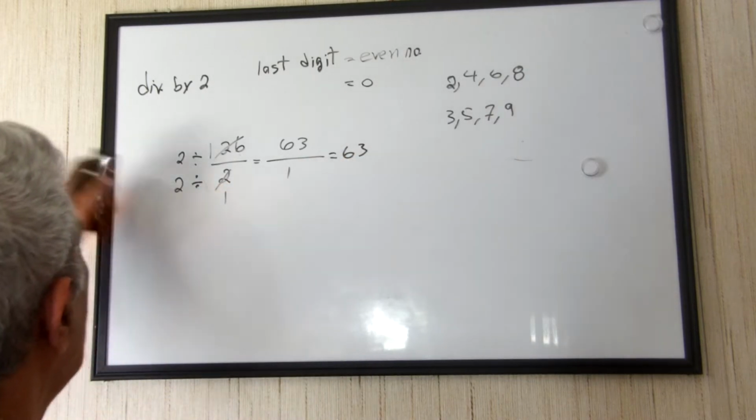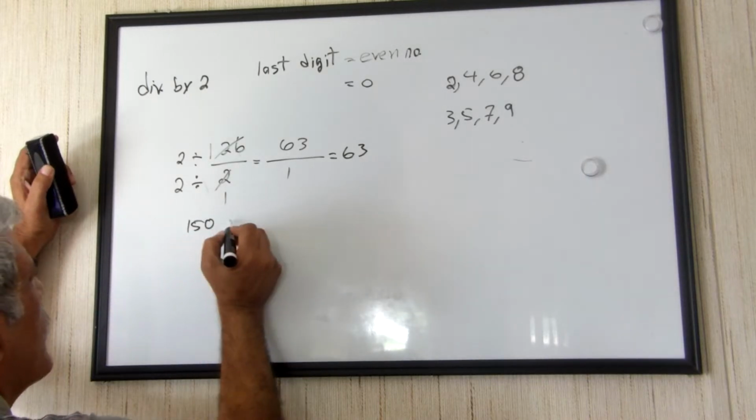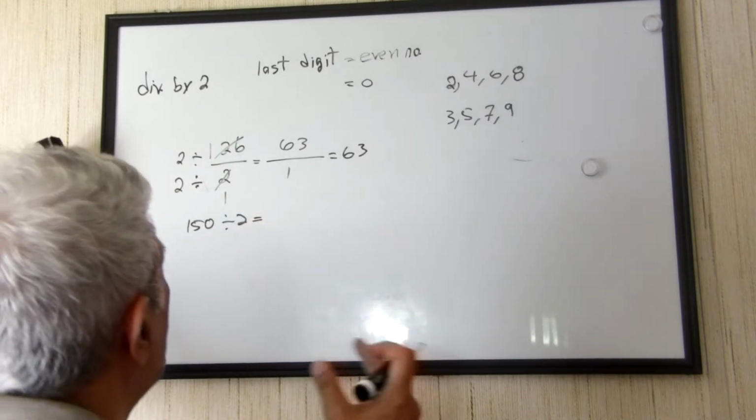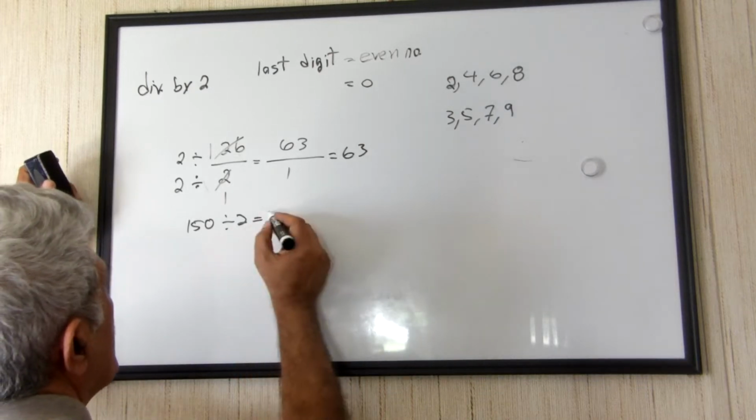See, the last digit, if we say 150, this also we can divide by 2, no remainder, it's divisible. It's going to be 75.